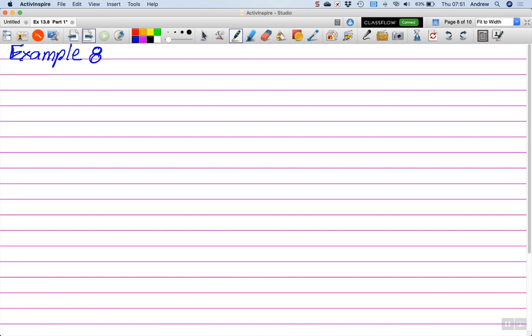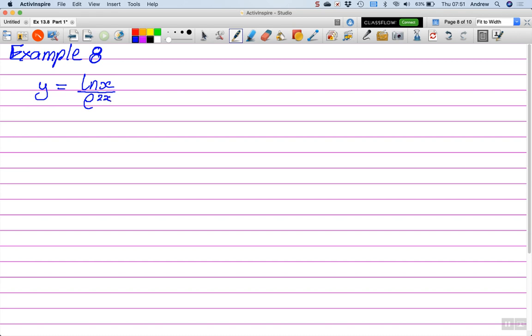Example 8. I'm going to do y equals ln x over e to the 2x.